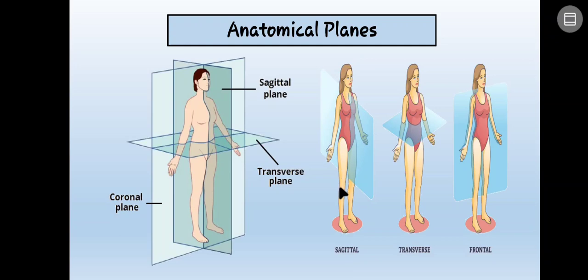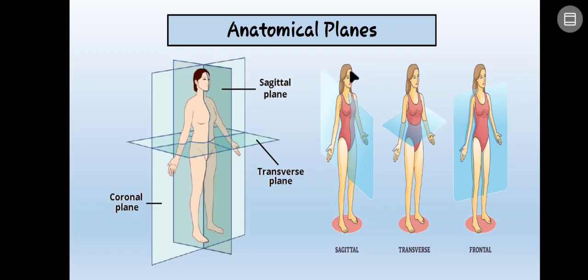But anytime you have a sagittal plane dividing the body into two equal halves, we call that a mid-sagittal plane, or middle sagittal plane. So for example, this is a mid-sagittal plane. Even though it's a sagittal plane, because it's dividing the body into two equal halves, it's a mid-sagittal plane. Okay, good.